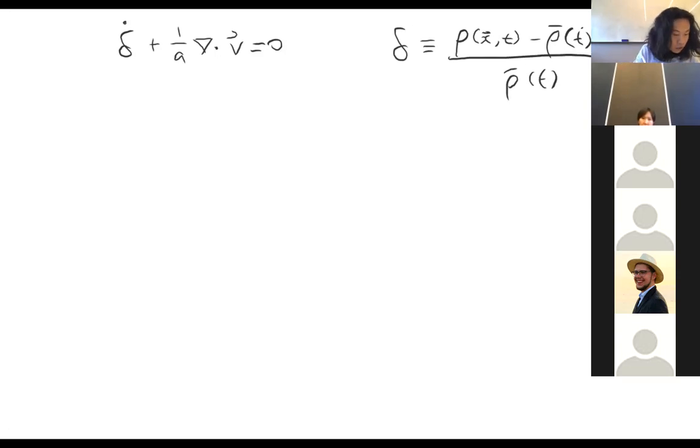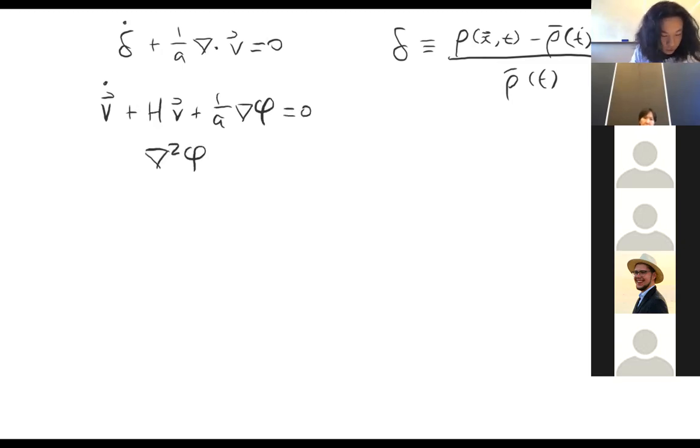The continuity equation tells you how the density contrast evolves, and then also the Euler equation: v dot plus Hv plus 1 on a del phi, the peculiar potential, is equal to 0. And the Poisson equation.